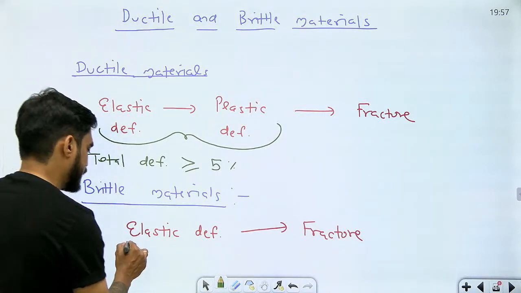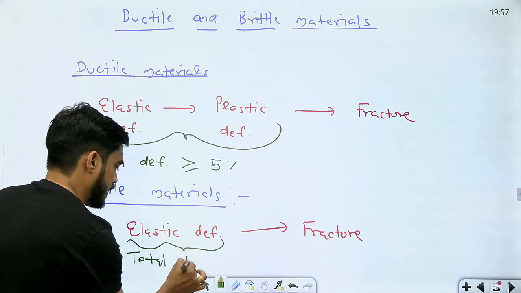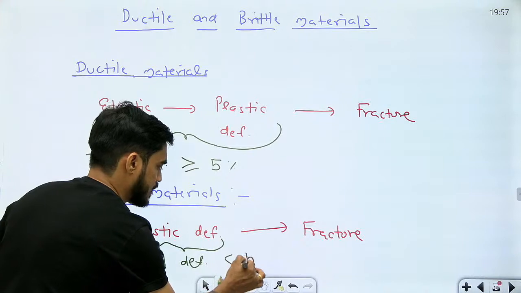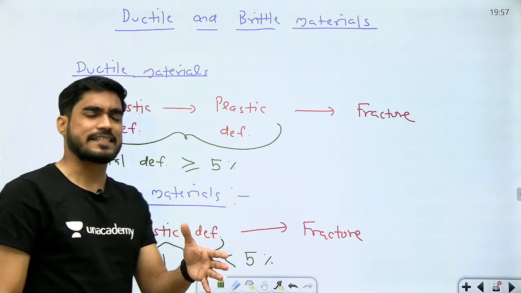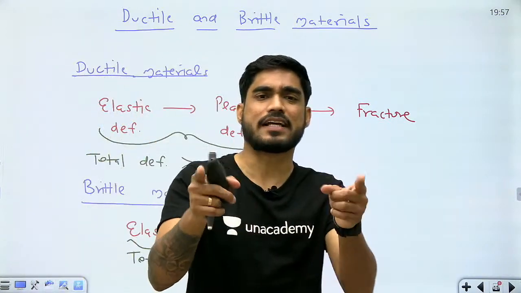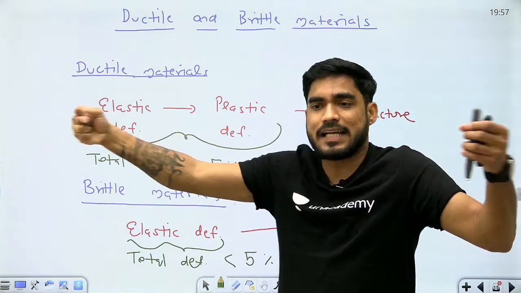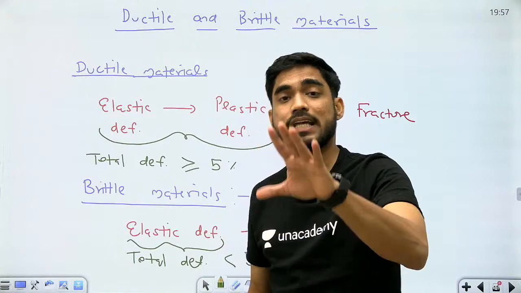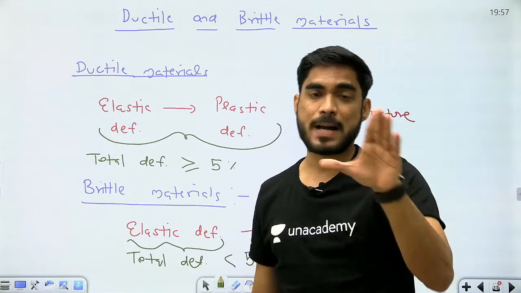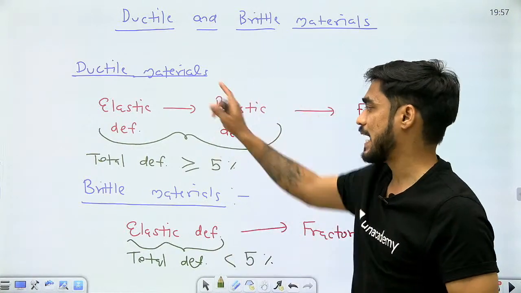But in this case, the total deformation is less than 5%. Means, let's say I have a 100 mm length of rod made of ductile material. If I keep on applying the load, then when it breaks, the length will be more than 105 mm. 5% से ज़्यादा का deformation हो रहा है, मतलब ductile material.